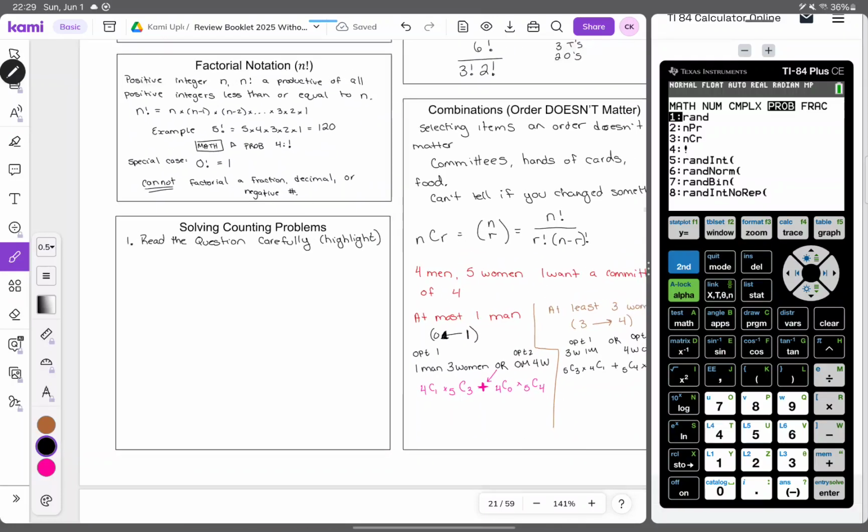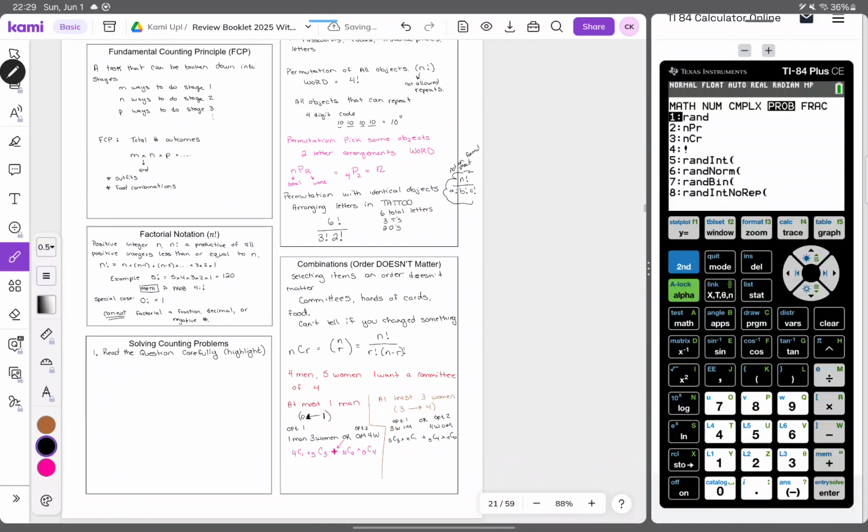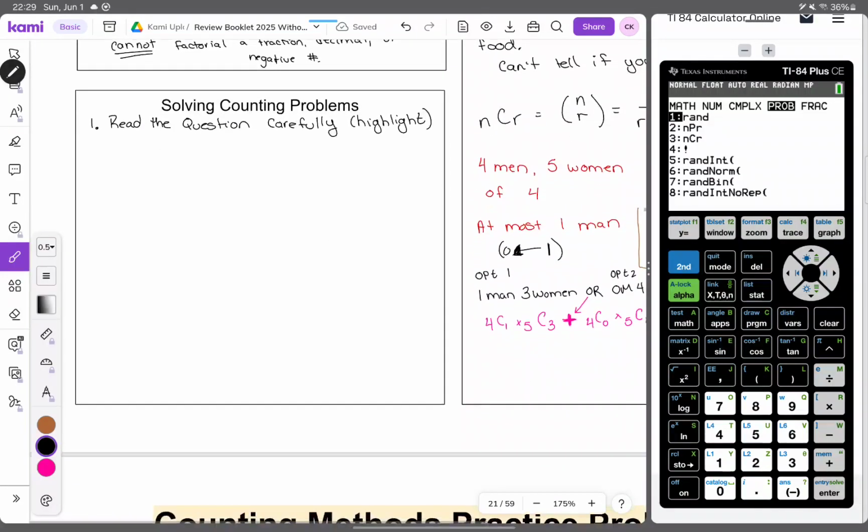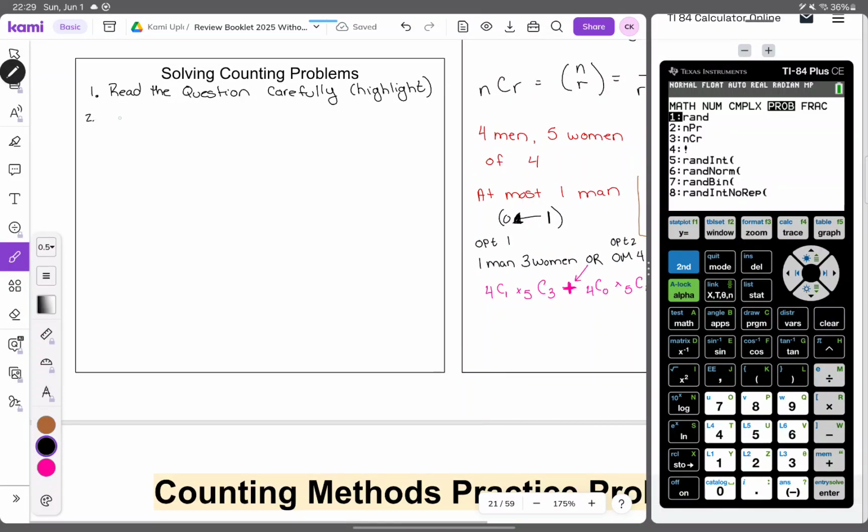So does it say arrange? Does it say password? Does it say codes? Is it talking about license plate? Do we have decks of cards? Are we talking about food? Look for those keywords and highlight them. All right. Once you've read the question carefully, found those highlighted words, then you have to ask yourself, does order matter?